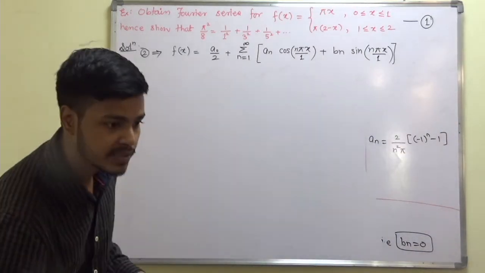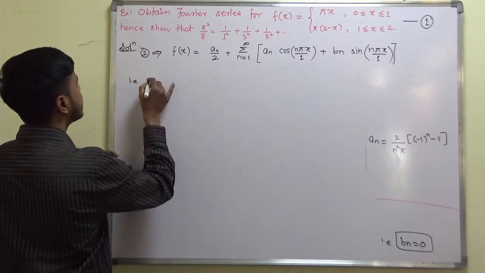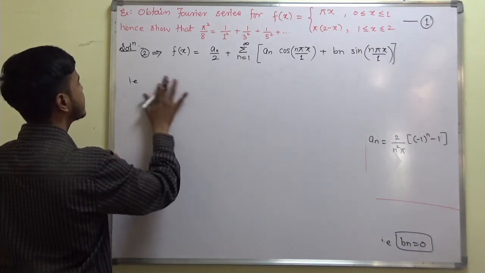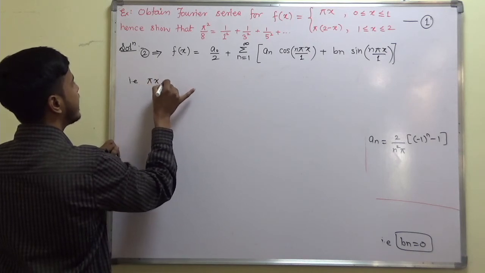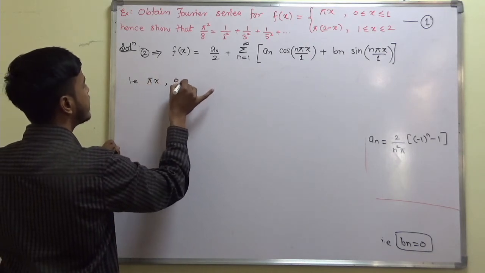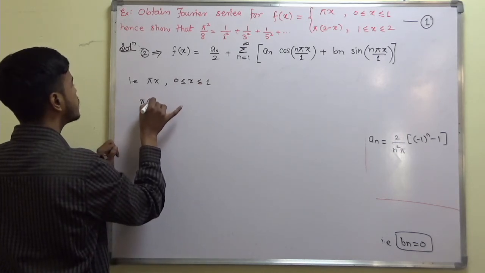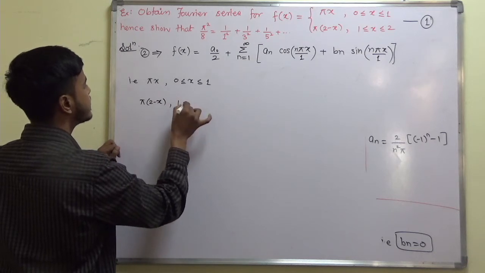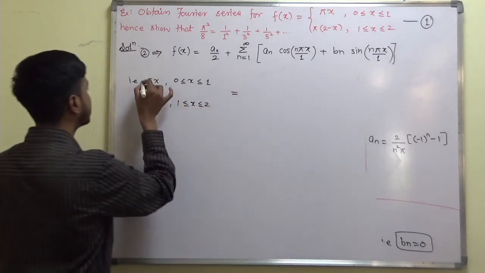My a0 was pi, so you can write that equation 2 implies f of x. What is my f of x? My f of x is pi x for 0 less than or equal to x less than or equal to 1, and we have pi into 2 minus x for 1 less than or equal to x less than or equal to 2.